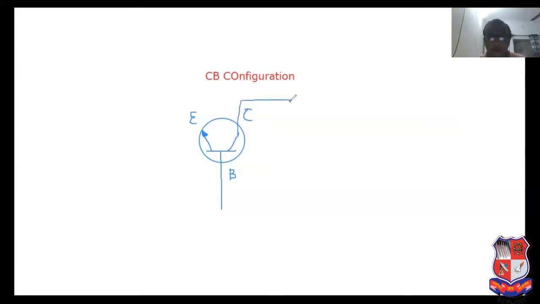Now this is the RC resistor, and the collector base junction is connected in reverse bias.